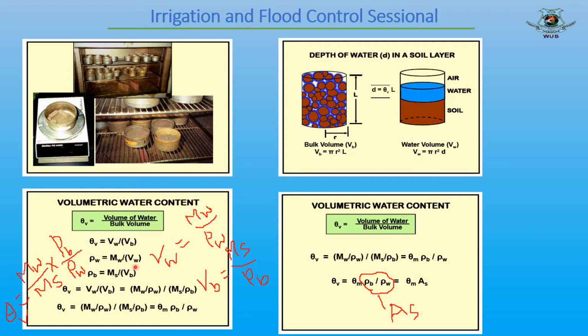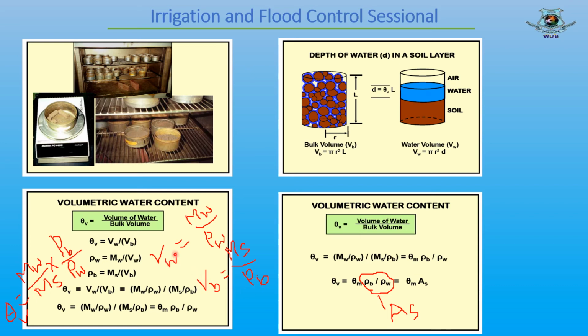From this equation we can write the volume of water Vw equals the mass of water divided by the density of water. Similarly, we know bulk density equals the mass of soil solids divided by the bulk volume. And from this relation we can write the bulk volume Vb equals the mass of solids divided by the bulk density.